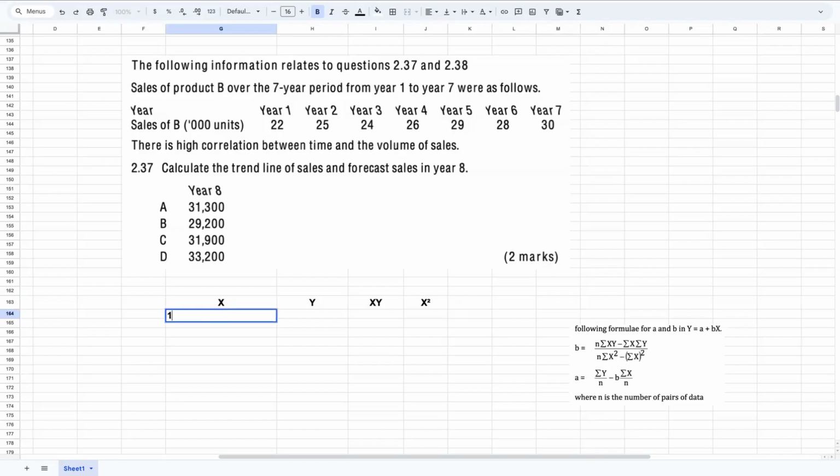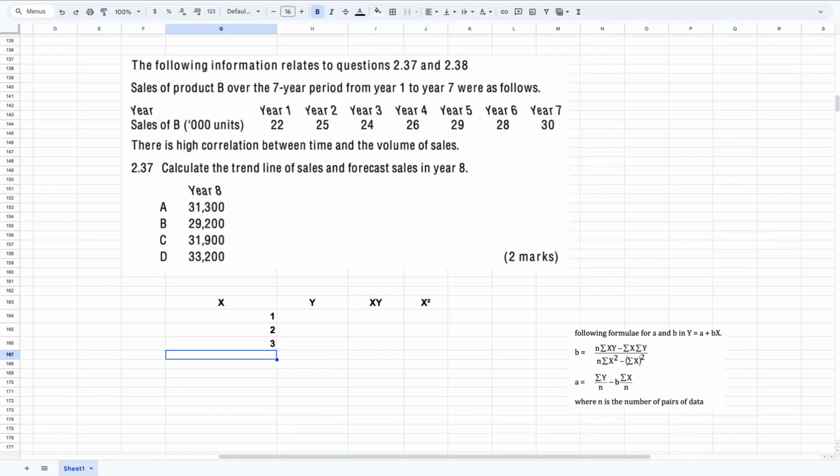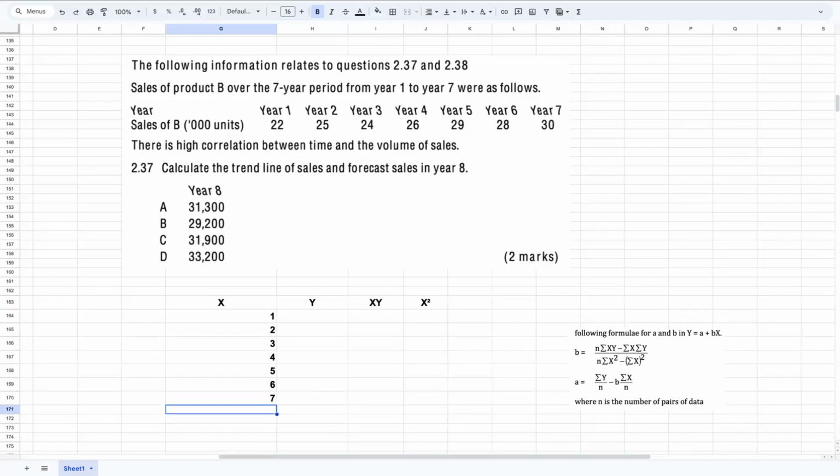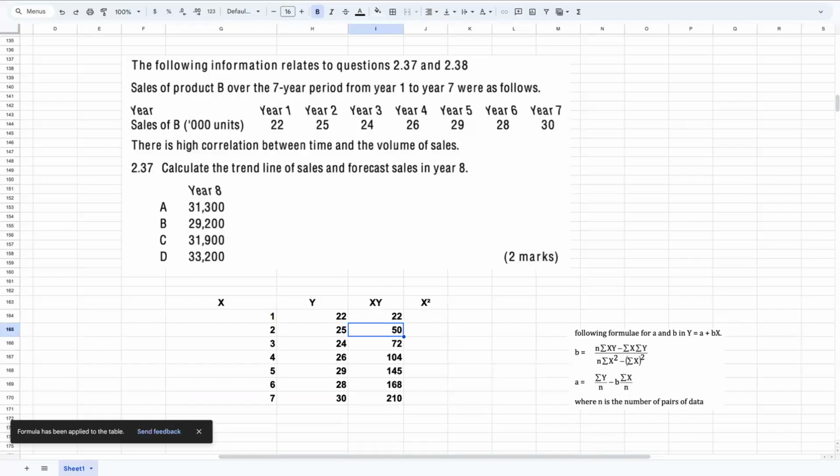Here X is 1, 2, 3, 4, 5, 6, 7, so the 7 years of data are there, and Y is 22, 25, 24, 26, 29, 28, and 30. XY you already know: X, the time, multiplied by Y. So we can get these numbers. Then X squared means X multiplied by X.